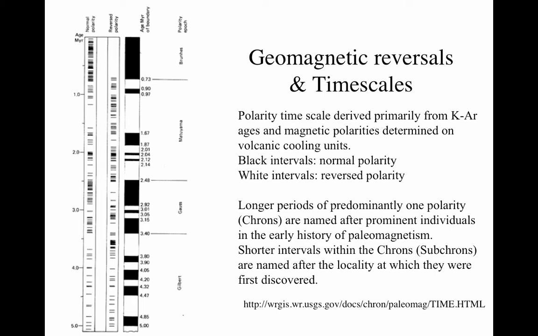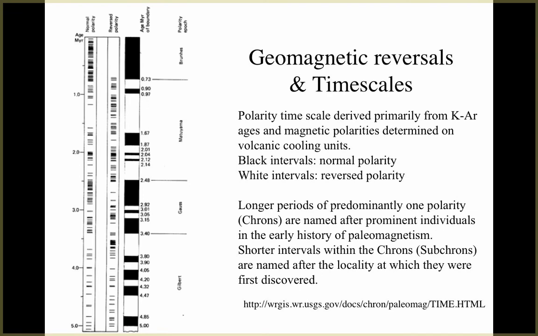First we build a geomagnetic timescale by dating rocks to get their ages and measuring their magnetic polarity to determine whether they're normal polarity, that is, the same polarity as Earth at present, or whether they're reversed polarity. For the last 750,000 years, Earth's magnetic field has had the same polarity as it does right now.